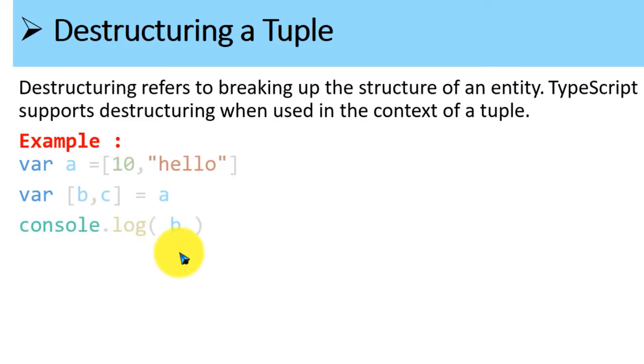If you print console.log(b), it will print 10, and you can print the value of c, that is hello. So destructuring means you are breaking the structure of a tuple into a number of variables.